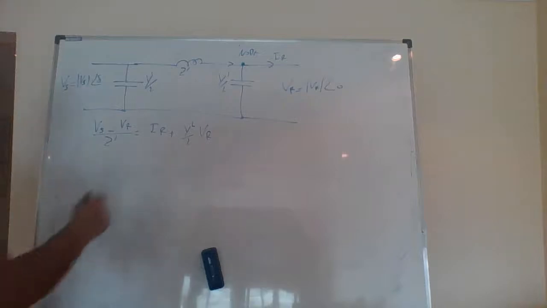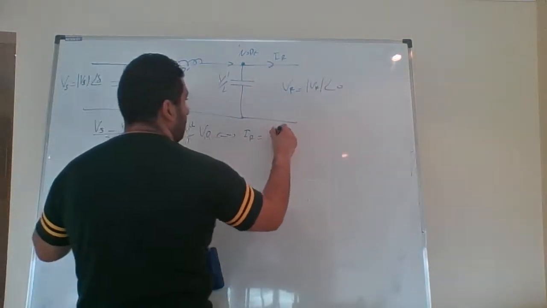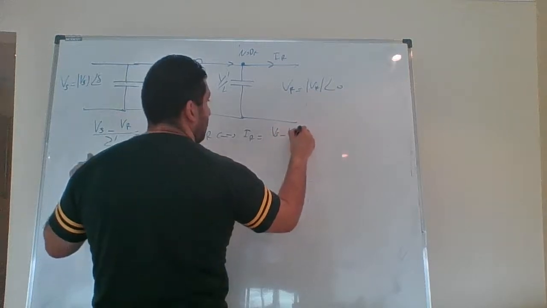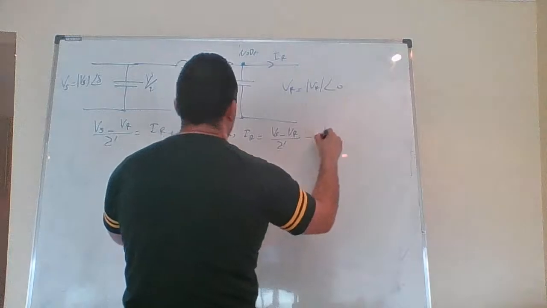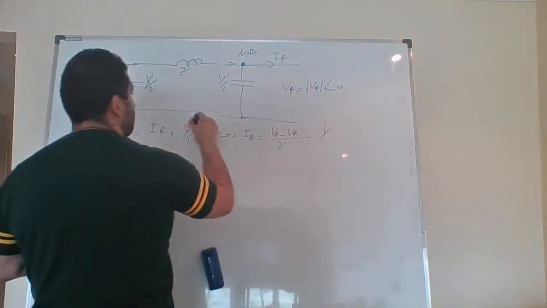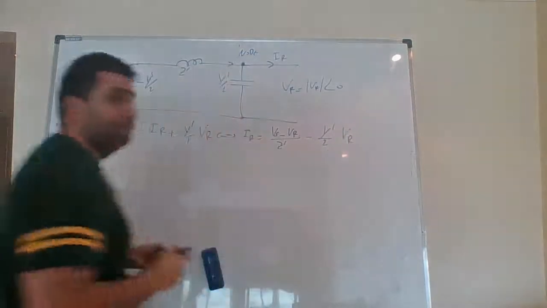Is that clear? So therefore, IR is equal to (Vs minus Vr) over Z dash minus Y dash over 2 times Vr.